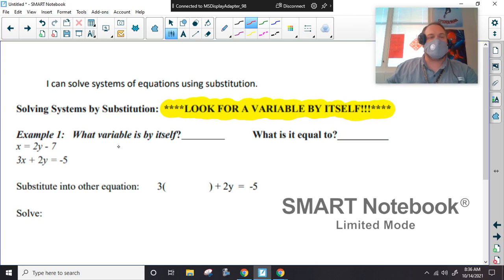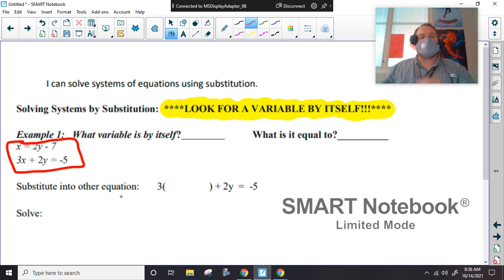So what I've done is I've kind of written down what I would say if I wasn't even here. Here's our example. Here's our problems right here. This is our system. What is the variable by itself? What is the one where it's just one by itself, either the top or bottom? X. What is it equal to? Now we know that x is 2y minus 7.